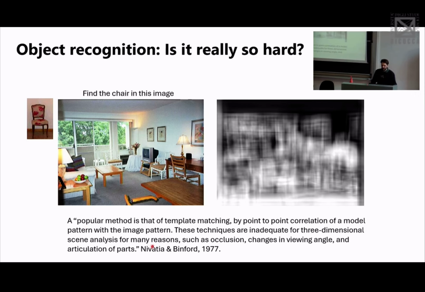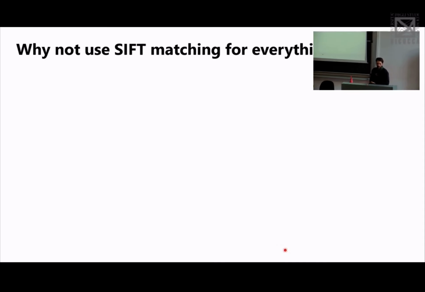But these are inadequate for three-dimensional scenes for a number of reasons, like occlusion, changes in viewing angles, and the articulation of parts. So one of these algorithms was based on extracting a number of salient points.